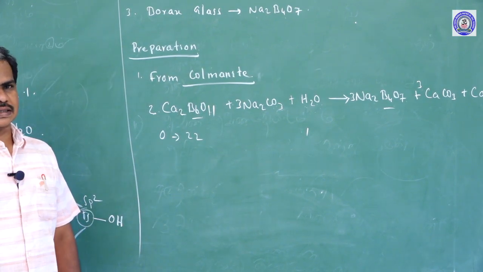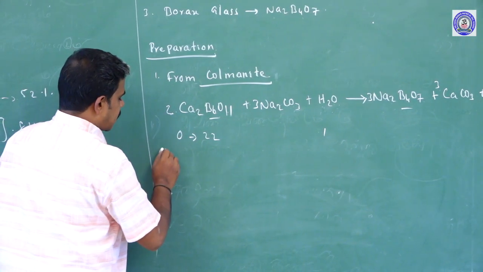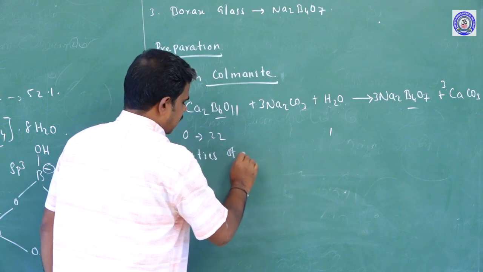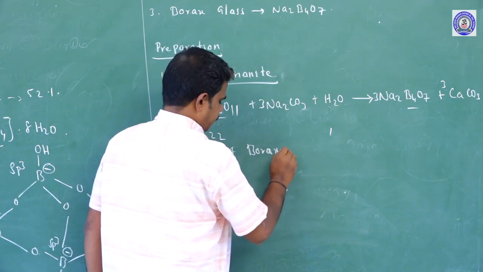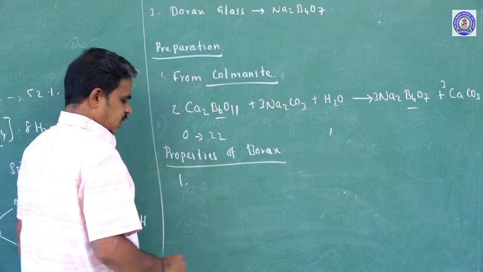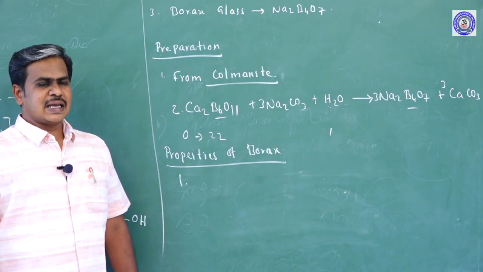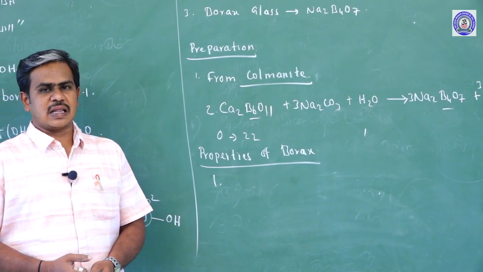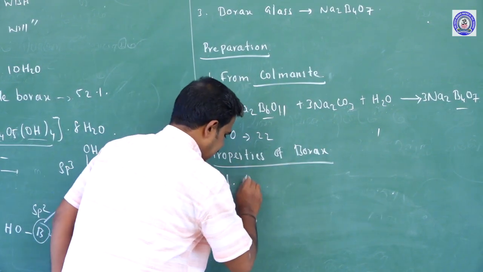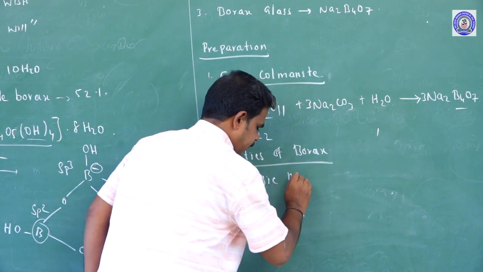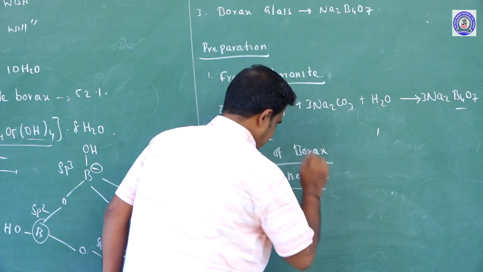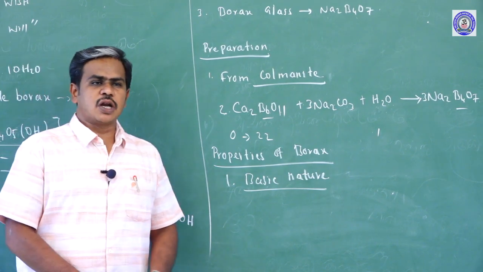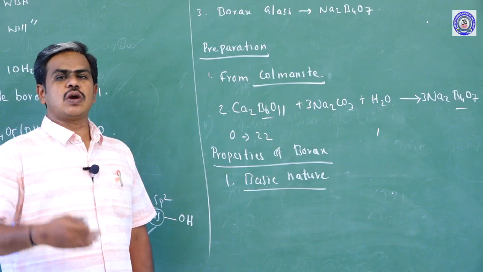Now we may take the properties of borax. The first property: borax in aqueous solution produces an alkaline or basic nature. How does it produce a basic nature? When borax is in aqueous solution, it produces boric acid and sodium hydroxide.